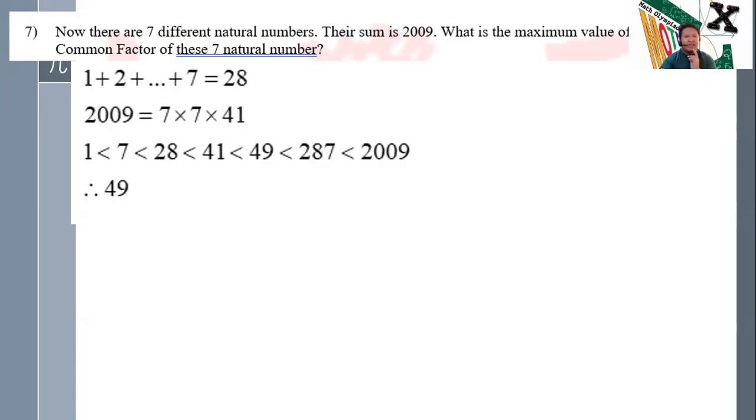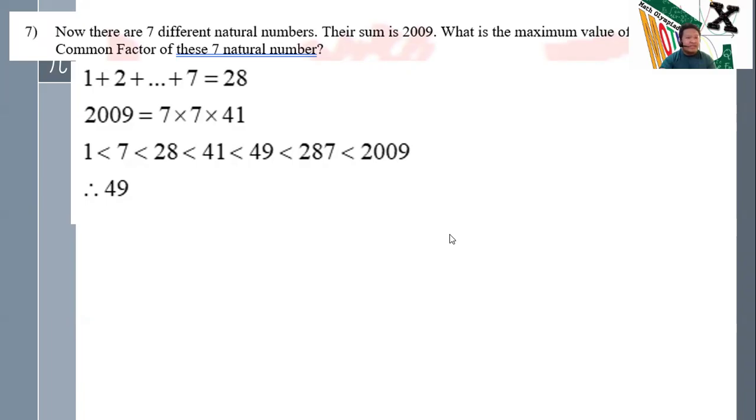So what can we have for that one? How do we solve this question exactly? What's the maximum highest common factor of these numbers that will have a sum of 2009? There are 7 different natural numbers whose sum is 2009.